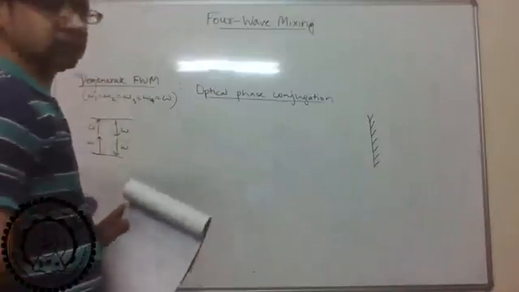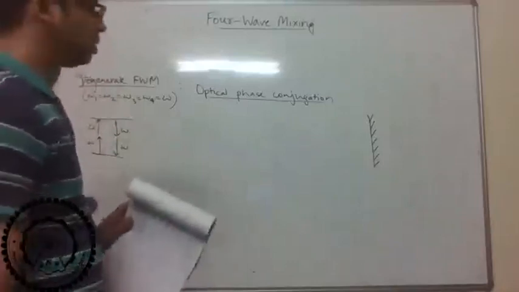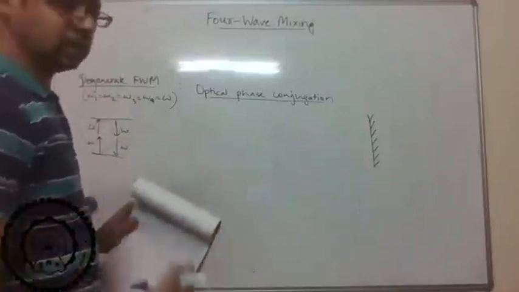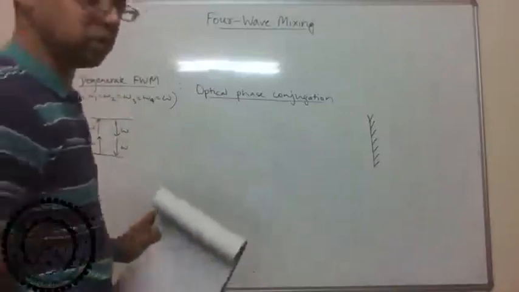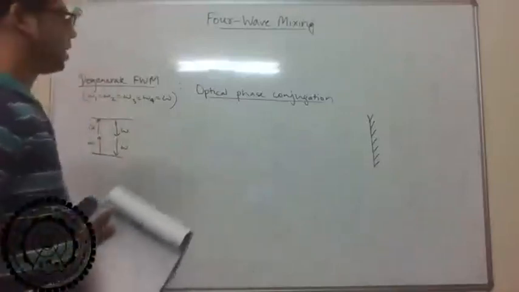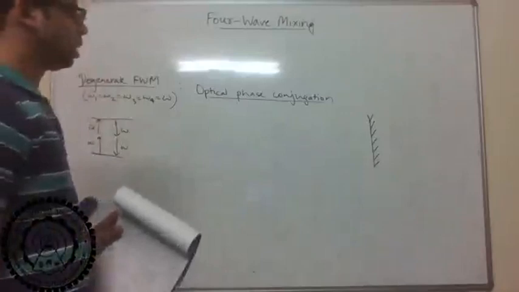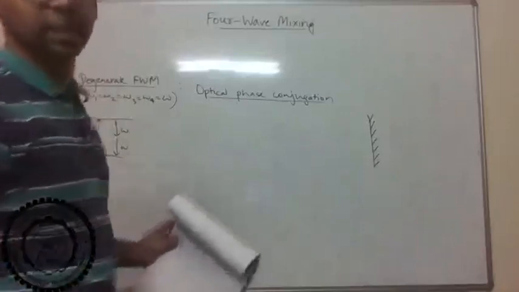And the question is, is there any way to get around this aberration happening between the object and the observer? Is there any way to do imaging which gets rid of this aberration?